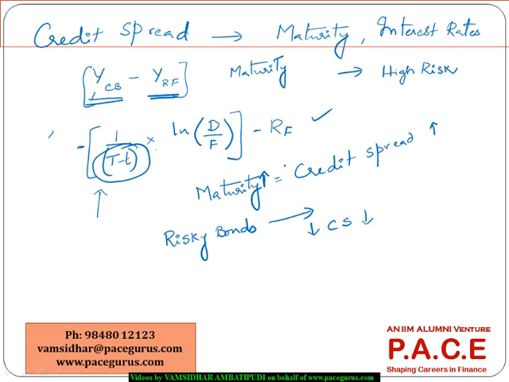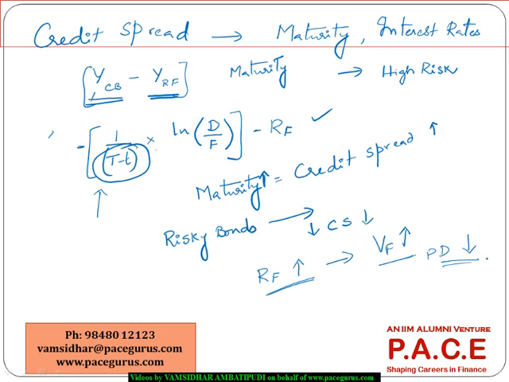That is one dimension. The second side is with respect to interest rates. If the risk-free rate of return is increasing, straightforward, the value of the firm is going to increase. So value of the firm increasing means the probability of default is going to come down. So if the interest rates are increasing, obviously the value of the firm is going to increase.